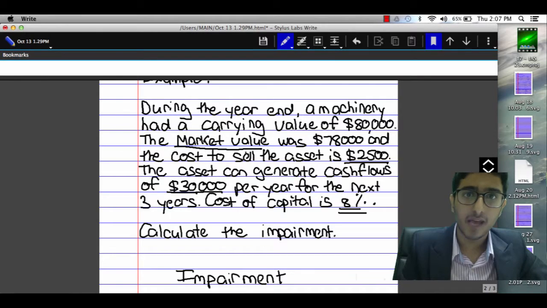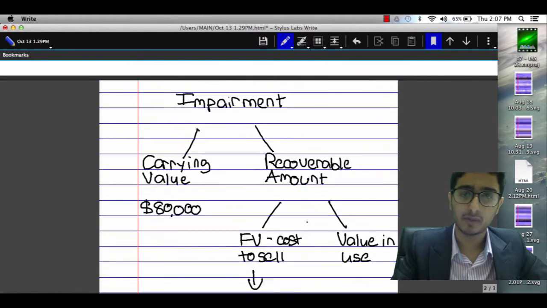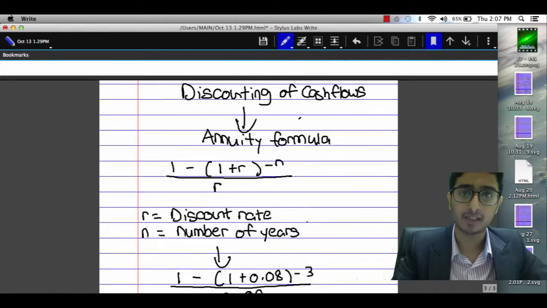Okay, the asset can generate cash flows of $30,000 per year for the next 3 years. Now, logically speaking, you would think that if I get $30,000 per year, in 3 years it should be $90,000. But you see, as time goes by, the value of money goes down. Now, it will go down by this factor.